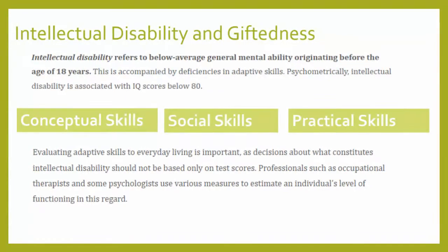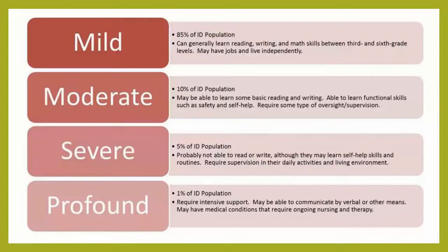So intellectual disability is a below average IQ, along with deficits in various adaptive skills: conceptual, social, as well as practical skills. When we look at the diagnosis of intellectual disabilities, it's divided into 4 different categories, ranging from a mild intellectual disability to a profound intellectual disability.